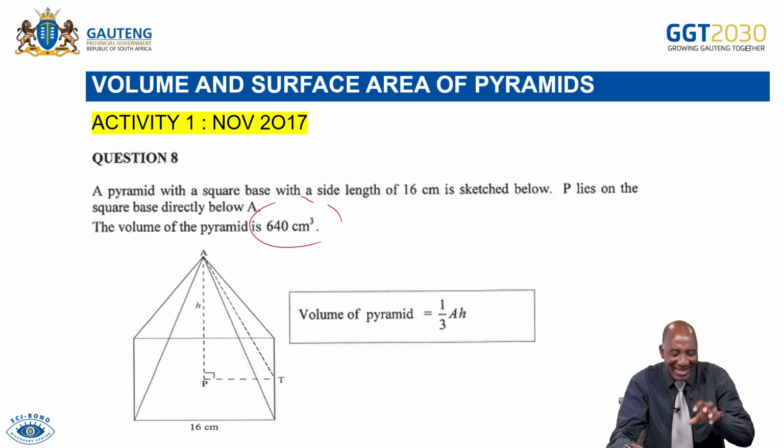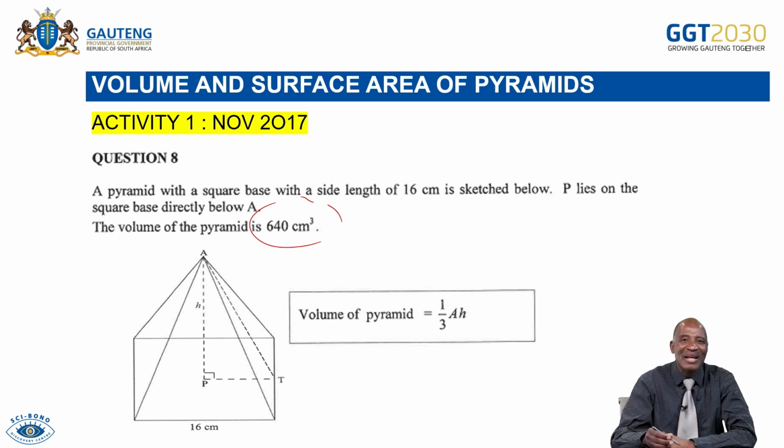What you are obtaining is the volume of a normal prism. But you are finding the volume of a pyramid. You then divide by 3. Hence, the formula says volume of a pyramid is equal to 1/3 area of base multiplied by h.